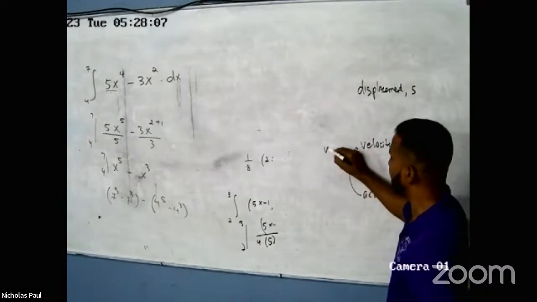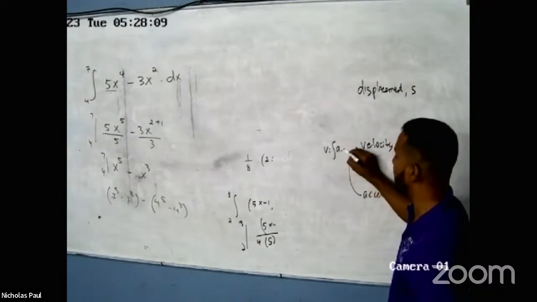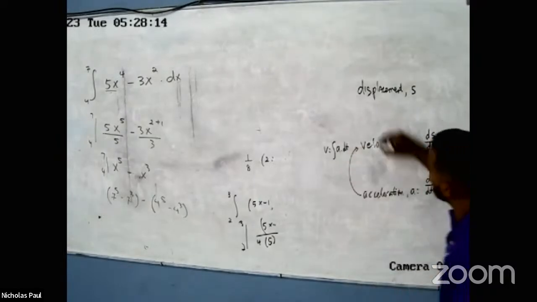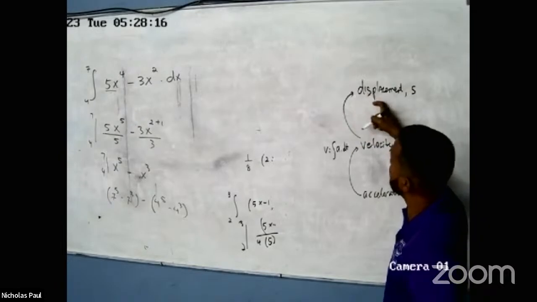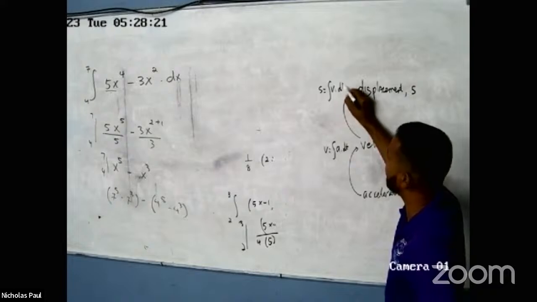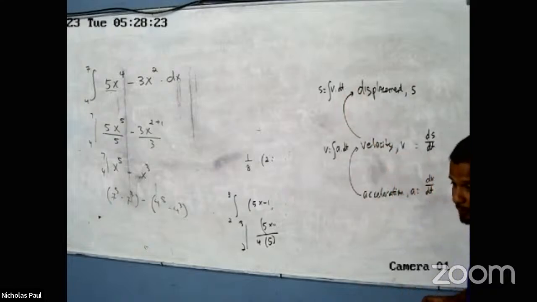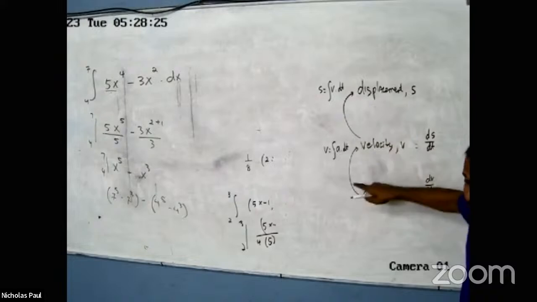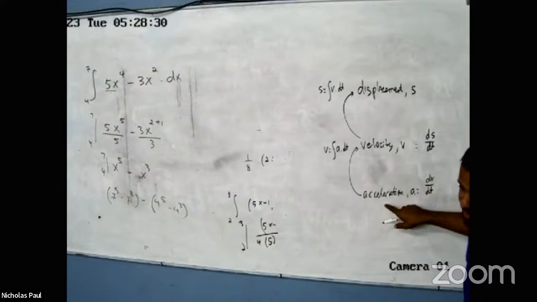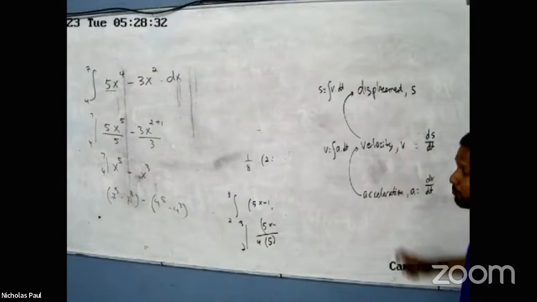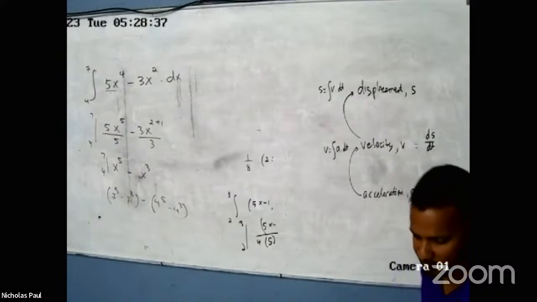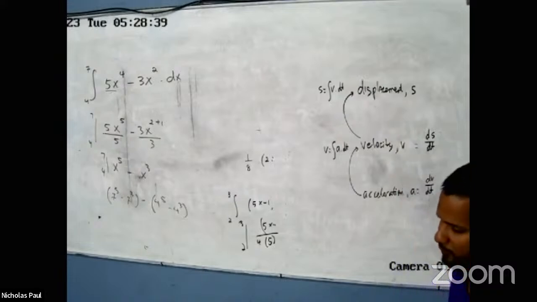To get velocity, you have to integrate acceleration with respect to time. To go to displacement, you have to integrate velocity with respect to time. So we are going to look at this side here, not this side. I'm going to give you acceleration to find velocity and so on. Copy it down, and just for those not doing physics, take a small explanation of what each one is.